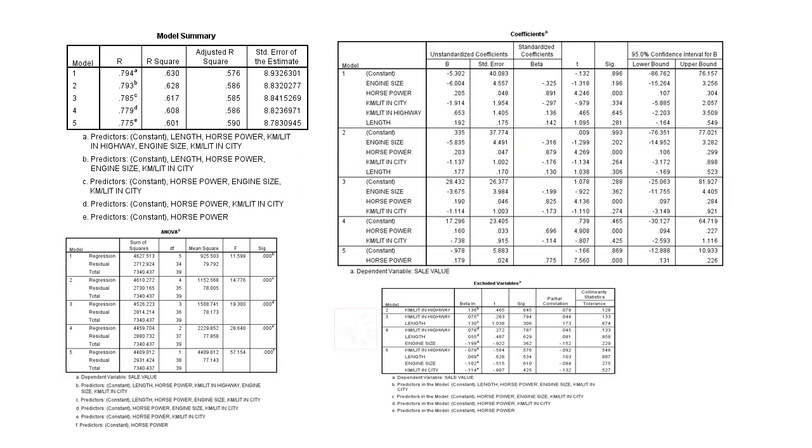For each step it calculates in the model summary R, R square, adjusted R square and standard error. Therefore, when all variables are included, it will be model number 1, model number 2 and so on. And the variables entered into the regression equation are given below the model summary table.